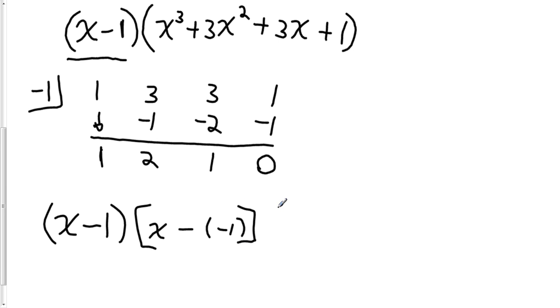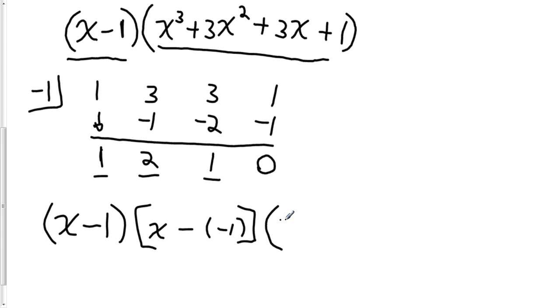Well, I still have a quotient left over here, and these are the coefficients of my quotient. Since I factored out a linear polynomial, namely x plus 1, out of that cubic polynomial, this quotient here should be quadratic, second degree.